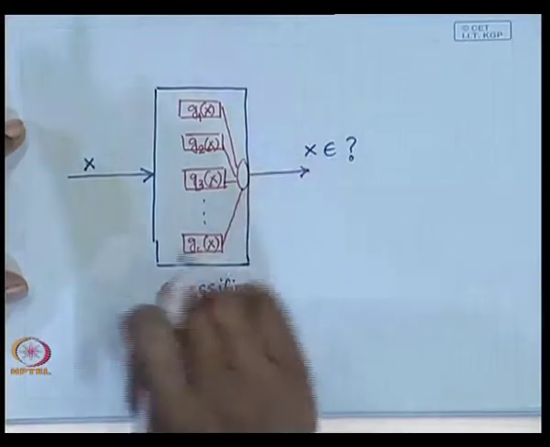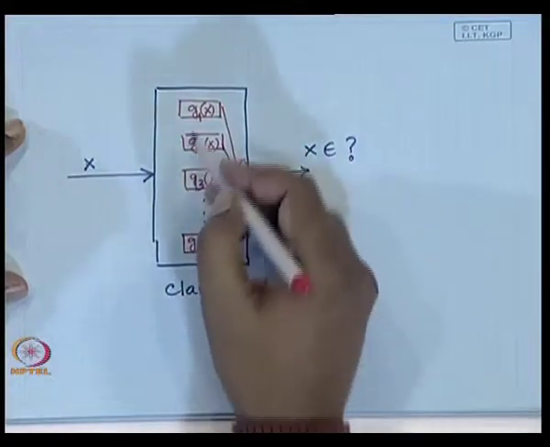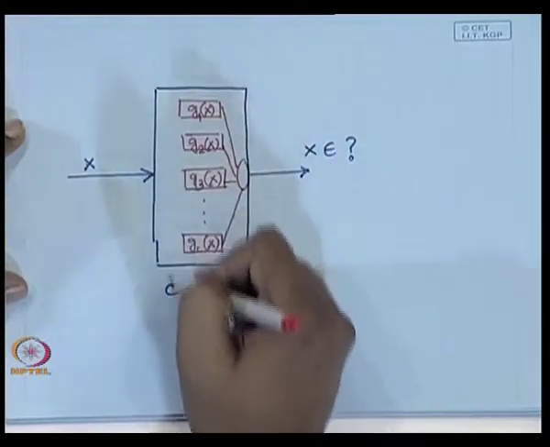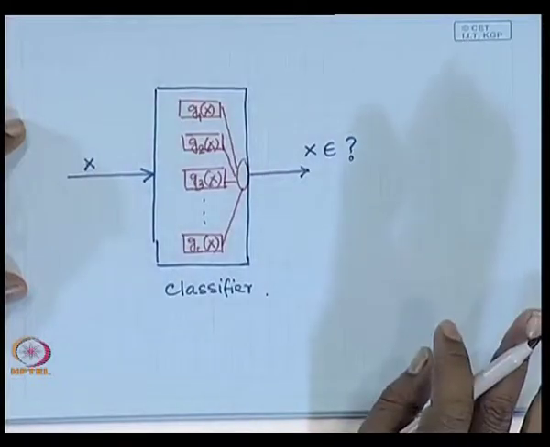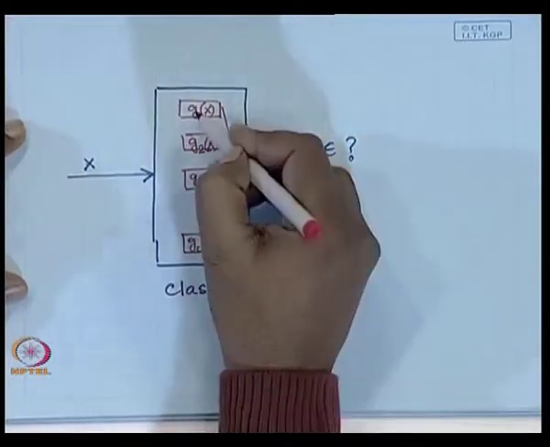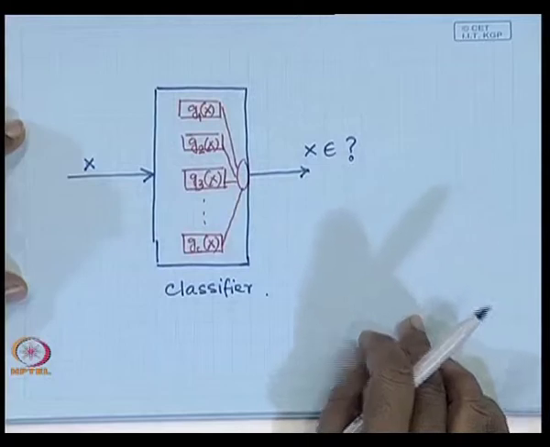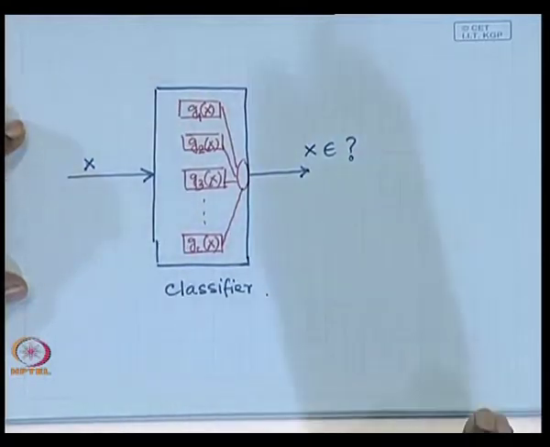Now, if I put a generalization that I will always compute the maximum of these functional values, then out of these C number of functional values, whichever functional value is maximum, I will put x into the corresponding class.